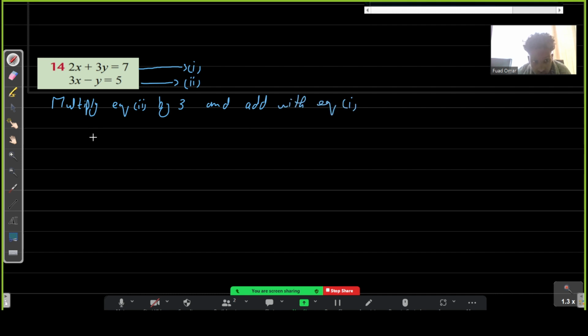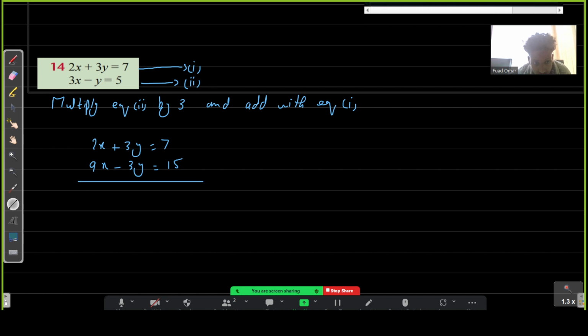So equation 1 will remain the same. 2x plus 3y is equal to 7. And when we multiply equation number 2 with 3, 3 3s are 9x minus 3y is equal to 5 times 3, which is 15.